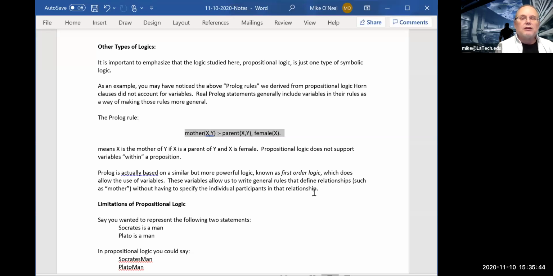That makes sense. Your mother is your female parent, right? Your mom is your female parent. So X is the mother of Y if X is the parent of Y and X is female.